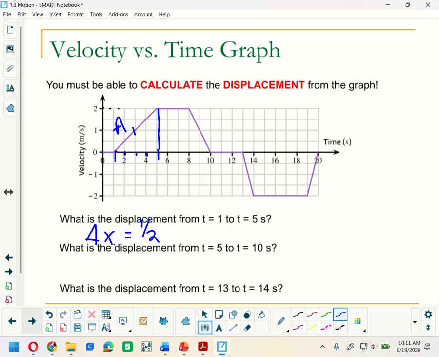Yeah, it's 4. What's my height? 2. So I have my equation, and I have everything filled in right here, so I could do the math. So what's that going to give me?